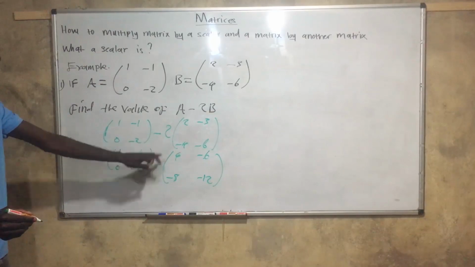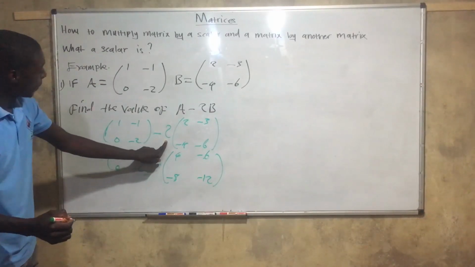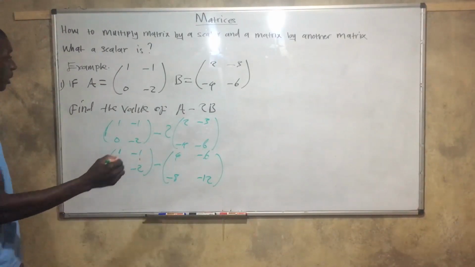So since we have multiplied this scalar by a matrix, now we can subtract.